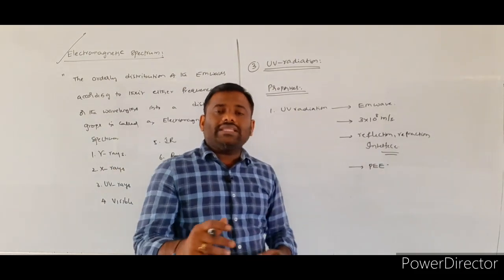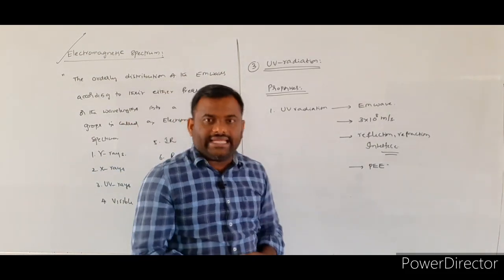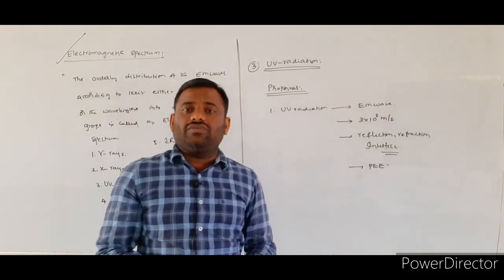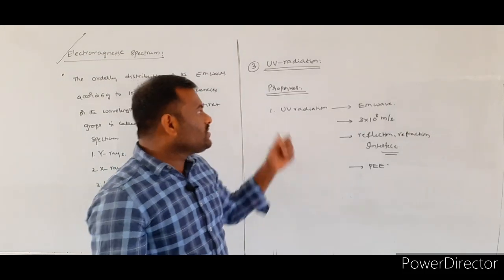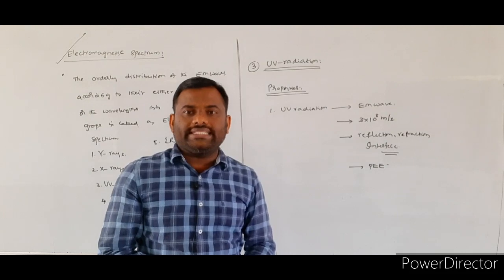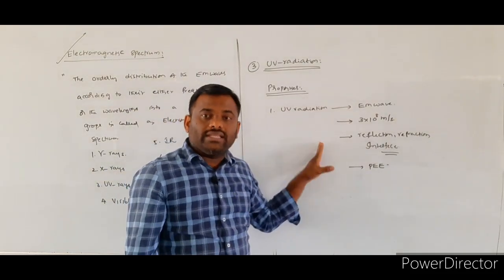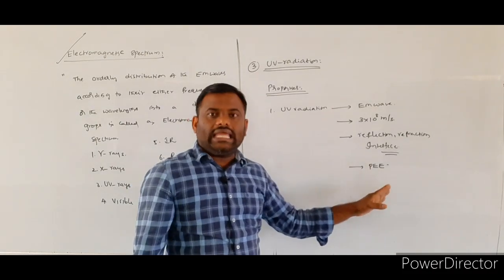That means whenever the UV radiation is incident over a given metallic surface, it releases photoelectrons from the corresponding surface.